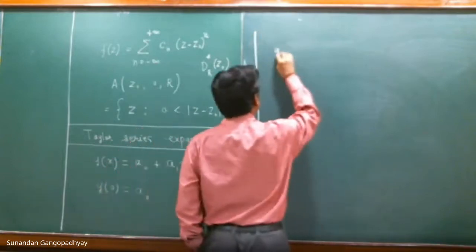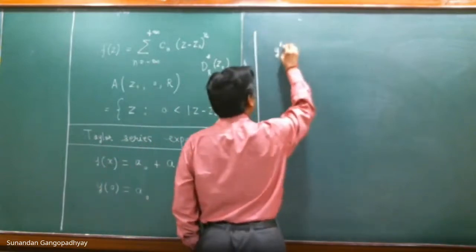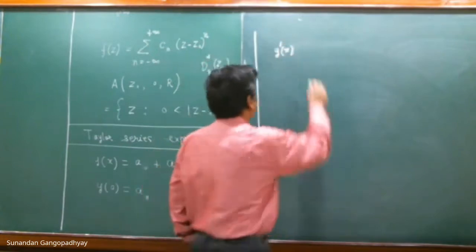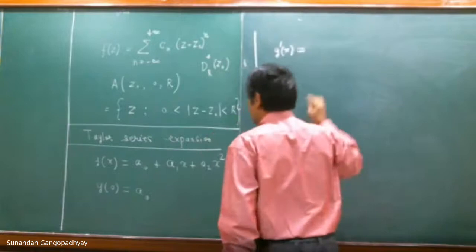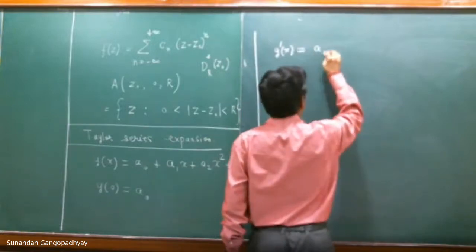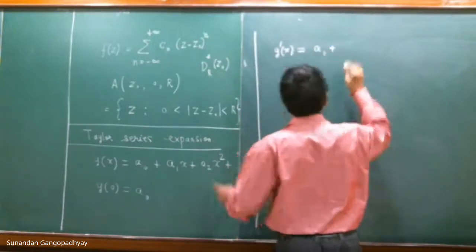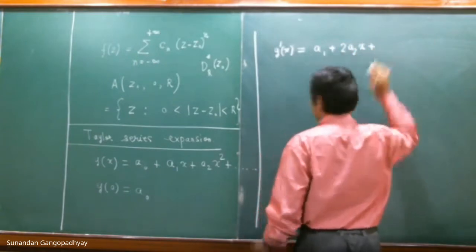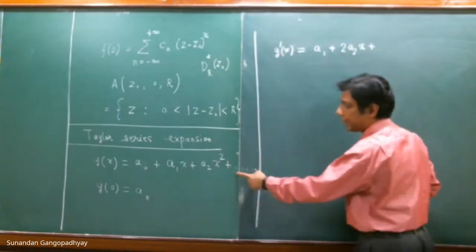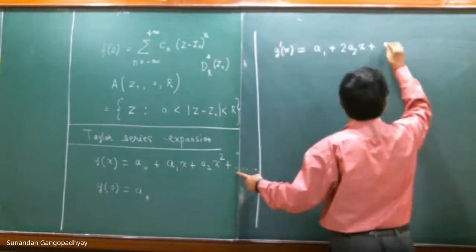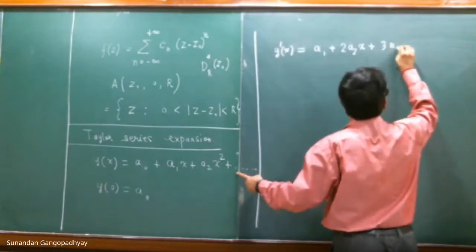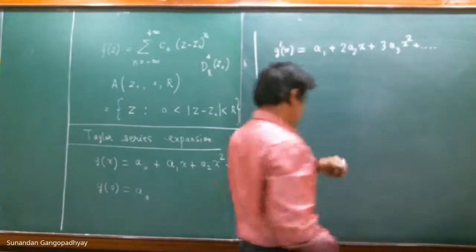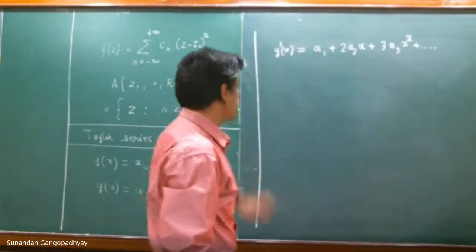Let us differentiate the function, where y prime x is basically dy/dx. So if you differentiate this, we will get a1 plus 2a2x, then the next term is a3x cubed, which gives 3a3x squared, and so on. So this is what we shall have.